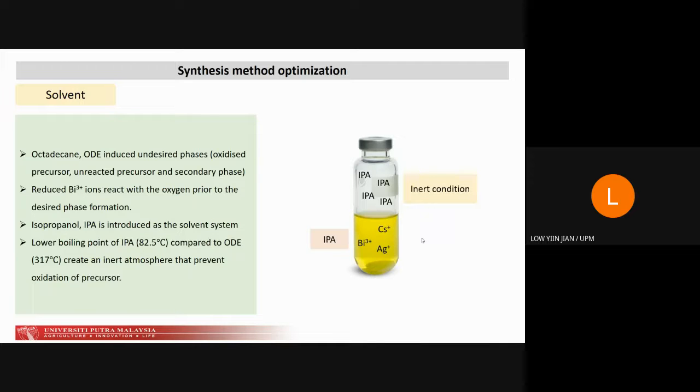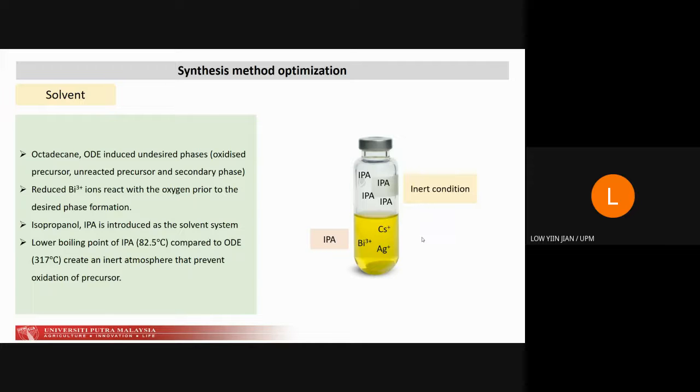And this compatibility of the IPA solvent in the microwave-assisted solvothermal method can be explained by the boiling point of the solvent selection, which is the crucial part to create the high pressure in the reaction environment. And the boiling point of IPA is around 82.5 degrees Celsius, which is much lower compared to the octadecene, or ODE, which is 317 degrees Celsius.